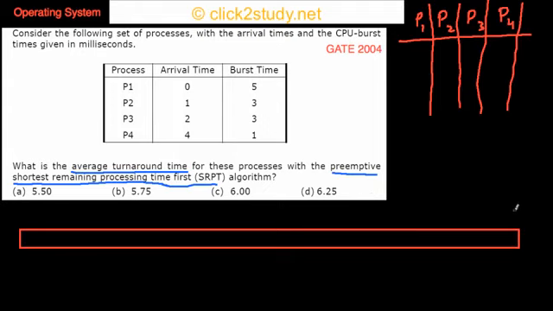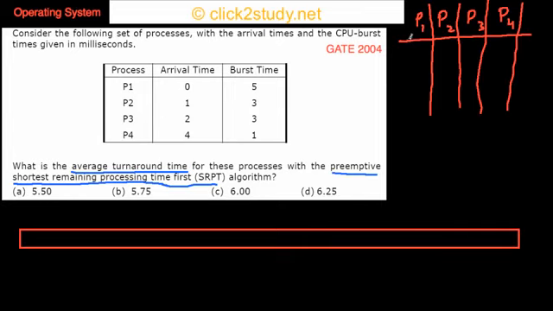And what is the turnaround time? Turnaround time is the time from when the process arrives to the time when it completes. Everything is done with that process.